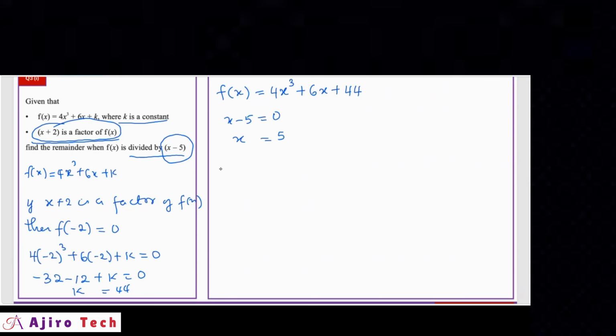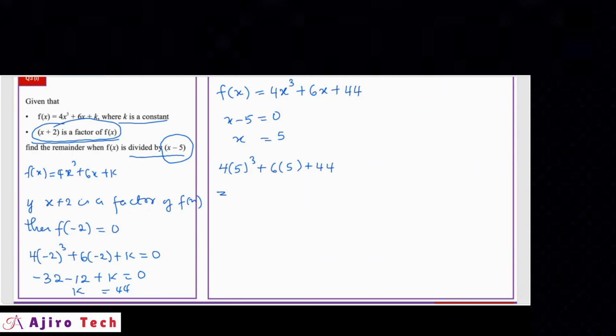So we have 4 into 5 raised to the power 3 plus 6 into 5, okay, plus 44.